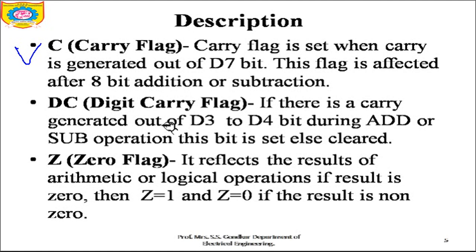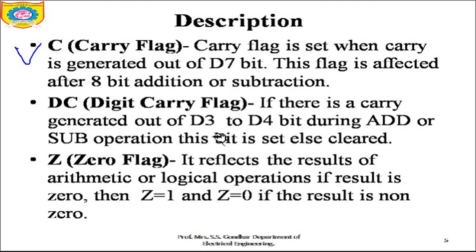So this flag tells us that if there is a carry generated out of the D3 to D4 bit during the addition or subtraction operation, this digit carry flag is set, else it is cleared. Cleared means it is equal to 0.